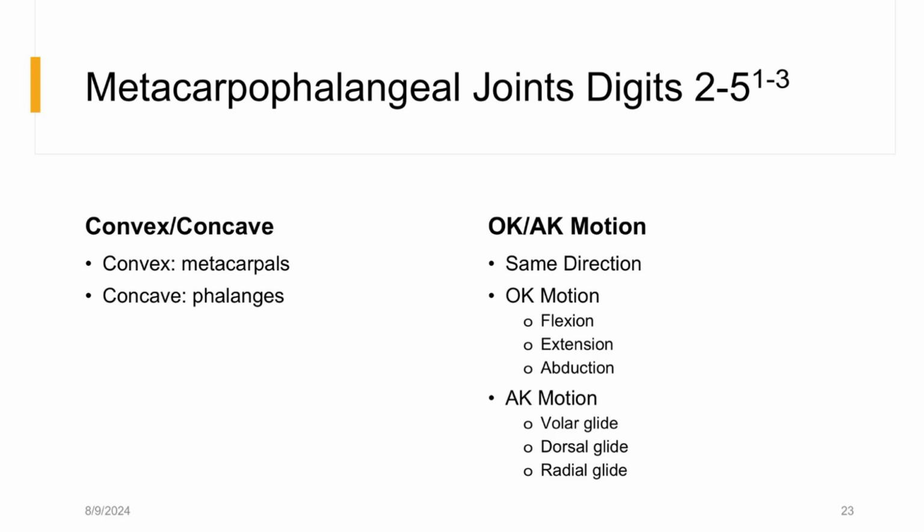So if you have a concave surface moving on the convex surface, our concave-convex rule is that when concave is moving on convex, then our OK and AK is in the same direction. So for flexion, extension, abduction, all of those orthokinematic motions are going to be in the same direction.